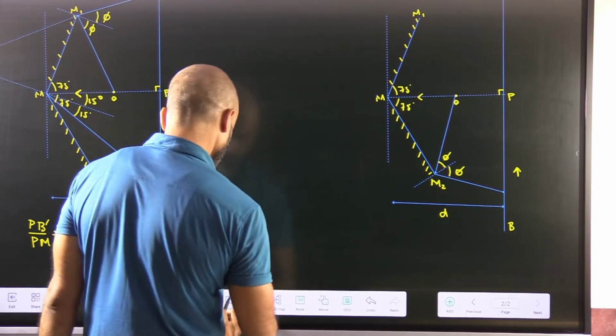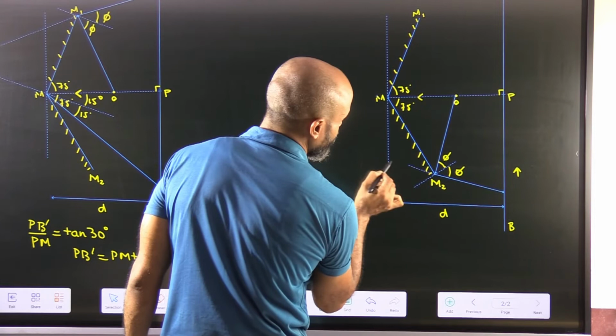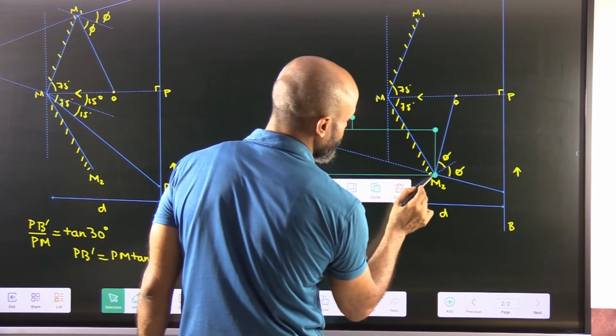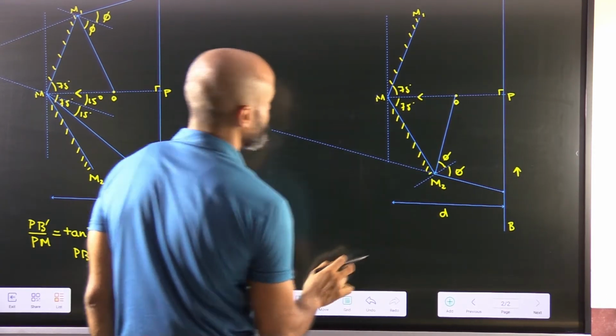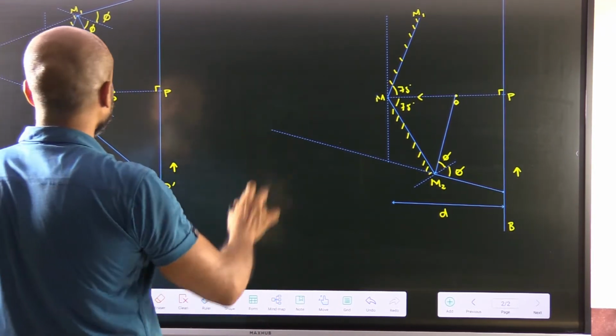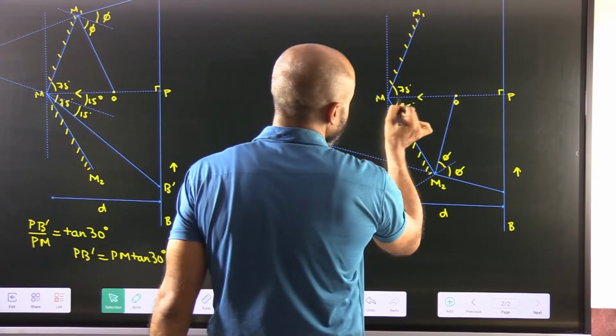If I happen to extend this beyond, let me be a little more precise here. So I have extended this beyond. Now let's look at this one. Just as we have made an angle here, this is the incident ray.